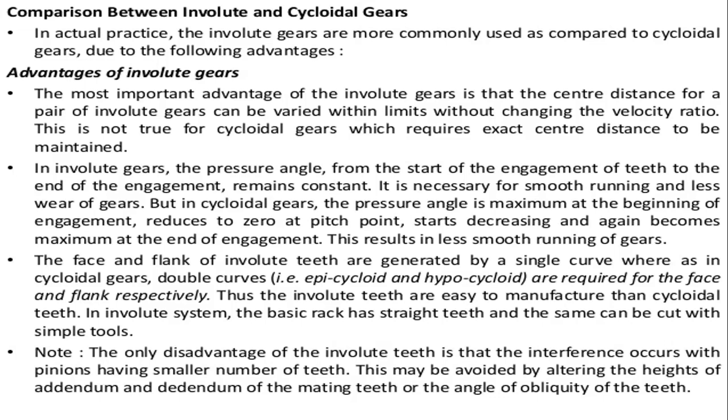The most important advantage of the involute gears is that the center distance of a pair of involute gears can be varied without changing the velocity ratio. By not changing the velocity ratio of the two gears, we can change the center distance.